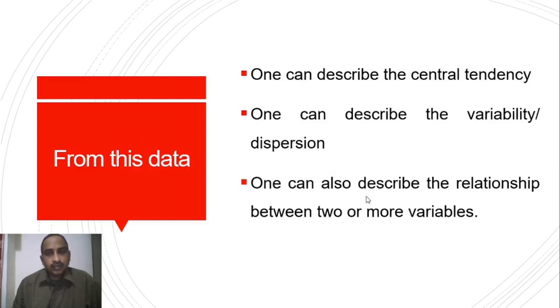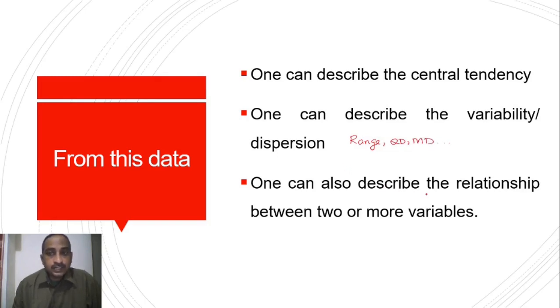From this data, what can we do? We can describe the central tendency, and one can describe the variability or the dispersion. For central tendency, you can use mean, median, mode. To know the variability of the data, you can use dispersion, that is range, mean deviation, quartile deviation, and so on.